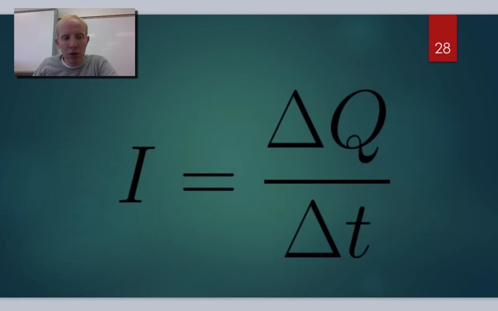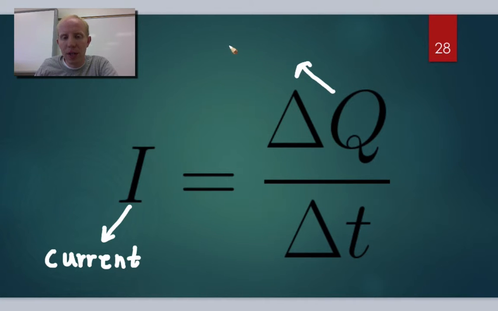So the main governing equation of the current, what it actually means, can be represented like this. Current, we represent it with an I in electricity. We're talking about electrical physics. So current is equal to the change in charge, or in other words, how much charge is flowing.